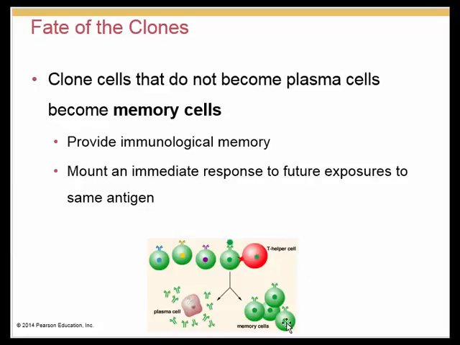So when these cells come across that antigen again, whether it's a week from now, a year from now, 10 years from now, they will mount an immediate response to future exposure of that antigen. They don't need mama T helper cell to tell them it's okay. They are going to kick off, and they're going to make a faster response, a stronger response, more plasma cells, more antibodies for a longer duration.